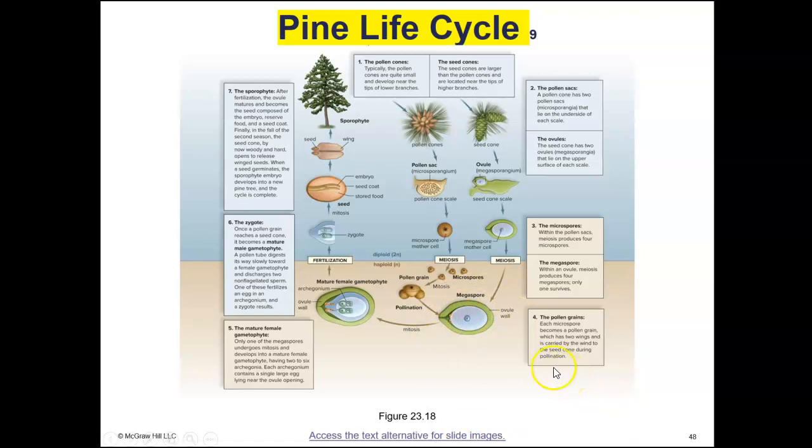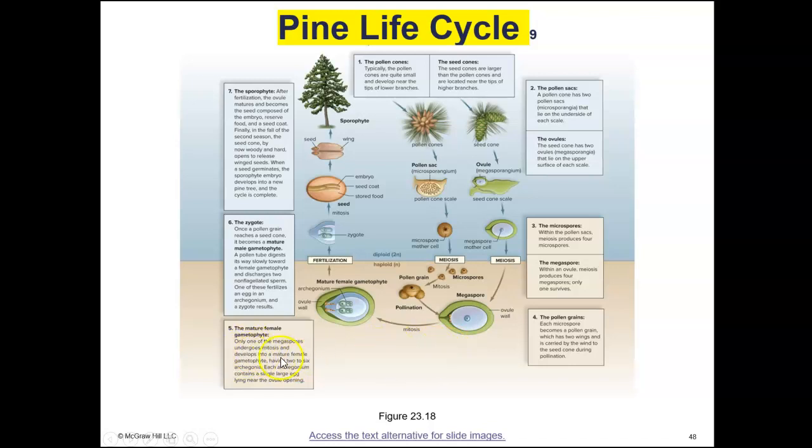For the pollen, which is carried by the wind, well, here I just want you to look. There's 2 wings, and it helps the pollen get carried by the wind to the female, to the ovule.